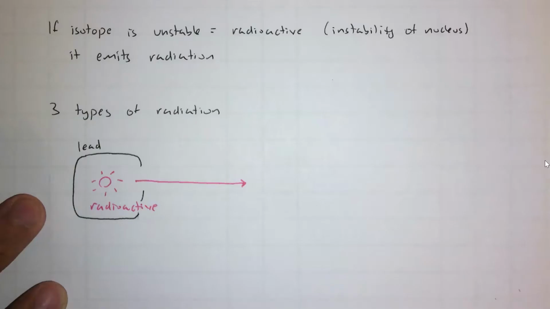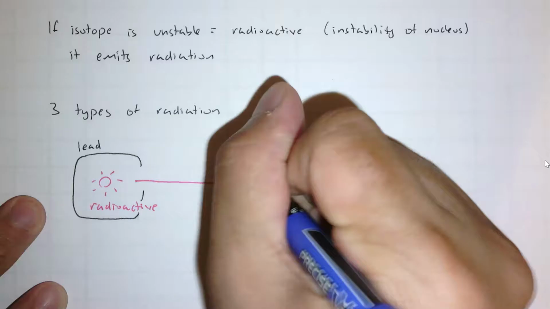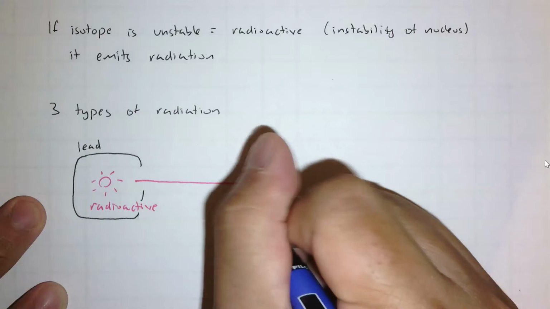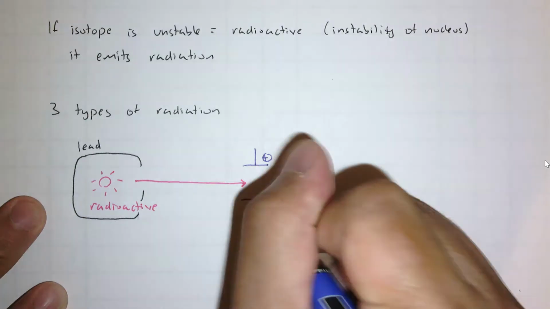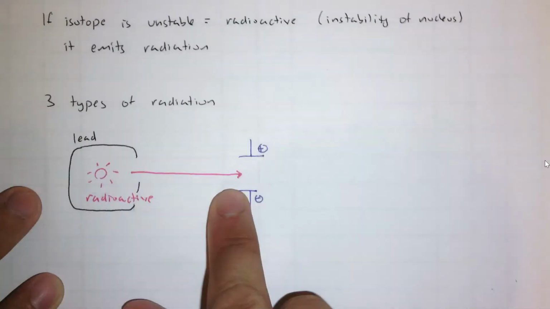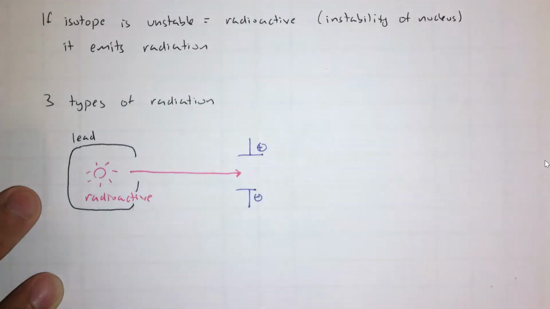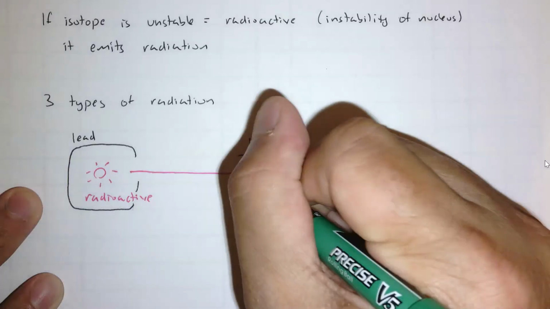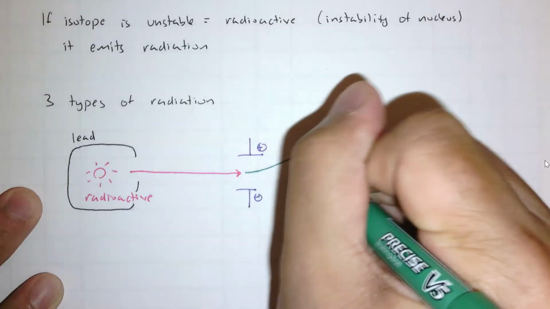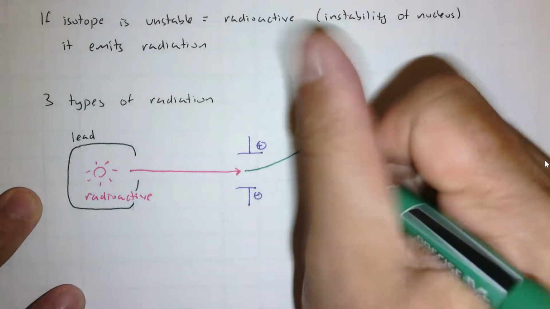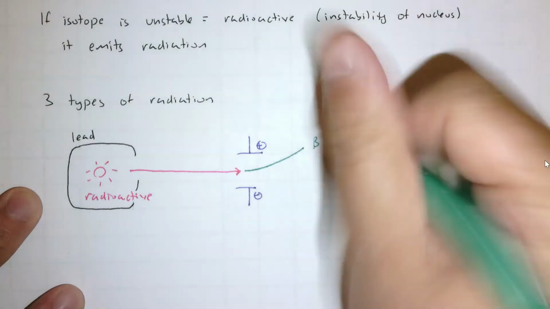If you have a setup where you have an electrical charge, a plus here and a minus here, then your emitted radiation can be deflected in two different ways or not deflected at all. If it's deflected towards the positive plate, it is called a beta particle or beta ray.